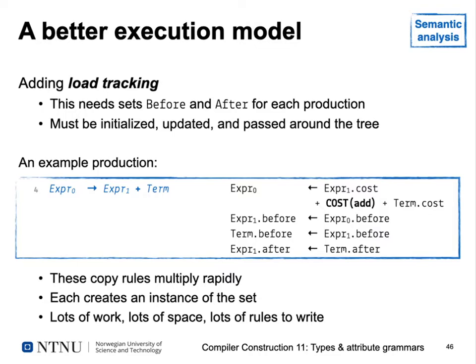And the problem is that when you do it for all the expressions in your grammar, these copy rules spread wildly throughout your grammar, so they multiply rapidly. Each creates an instance of the set, so set operations are pretty costly compared to arithmetic operations. So this involves lots of work, this costs lots of space, and you have to write lots of rules, which is something you probably would want to avoid, because the more rules you write, the more errors you can make.